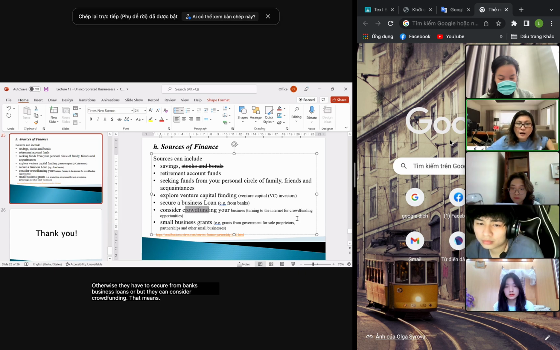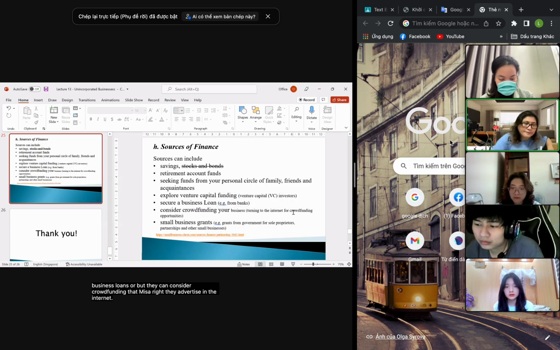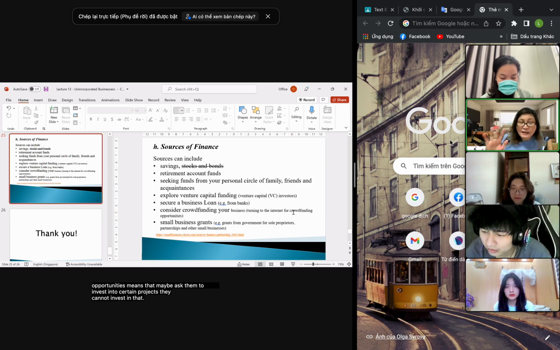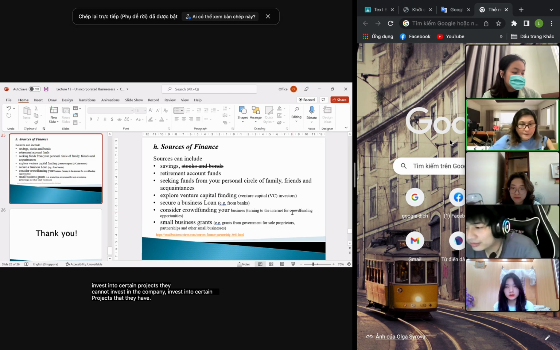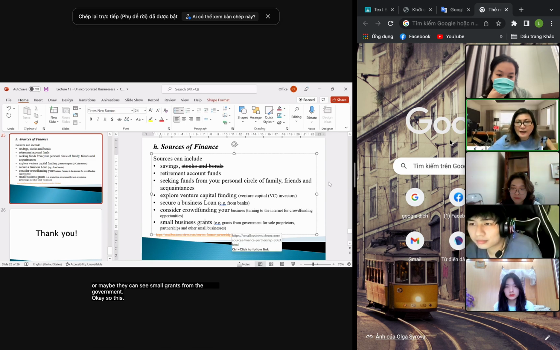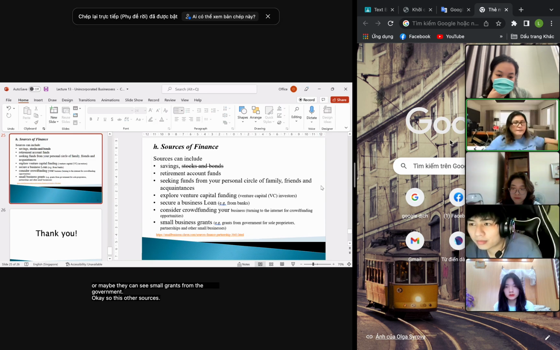That means they advertise on the internet, asking people to invest into certain projects. They cannot invest in the company, but into certain projects that they have. Or maybe they can seek small grants from the government. So these are the sources that the Companies Act allows them to raise funds.